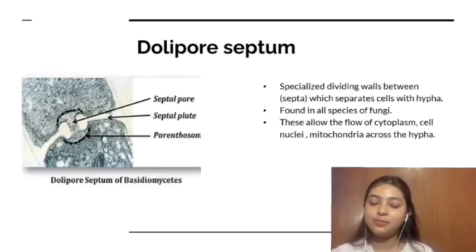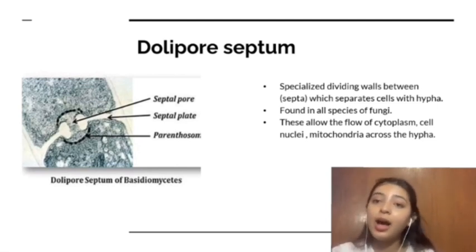Dolipore septum. Dolipore septa are also known as septal pores, as we all know. These are specialized dividing walls present in a cell, and ultimately these structures divide the cells within the hypha.